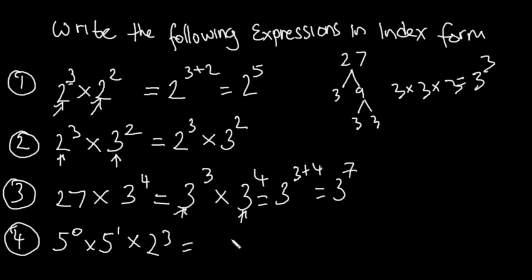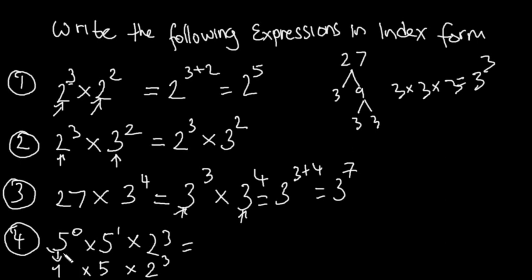Alright, so looking at our next one, we have 5 to the power of 0. Now remember, any number raised to the power of 0 is always 1. So here we have 1 times 5, which is 5, times 2 to the 3. So we just have 5 times 2 to the 3.